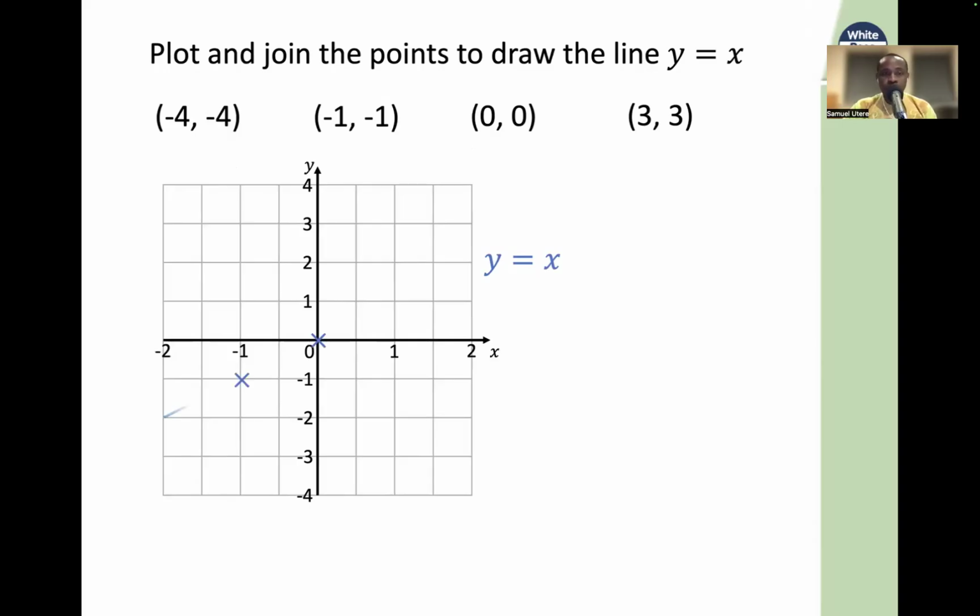But what about this line? Is this also the line y equals x? Yes, it is. The only thing that has changed compared to this one is that we have changed the scale. So here, for the x-axis, the scale has changed, but it is still the line y equals x.